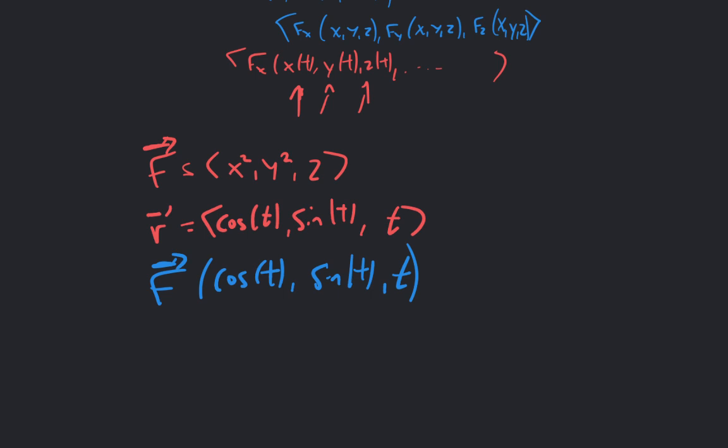I don't fully understand how this multiplication works, but it's going to be cosine squared of t, sine squared of t, and then finally just t.